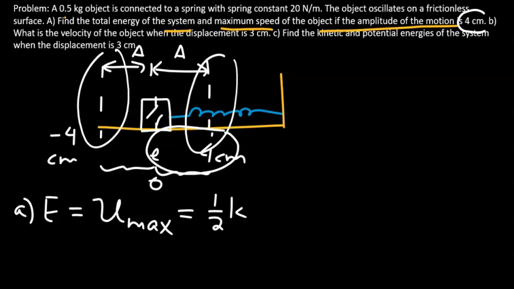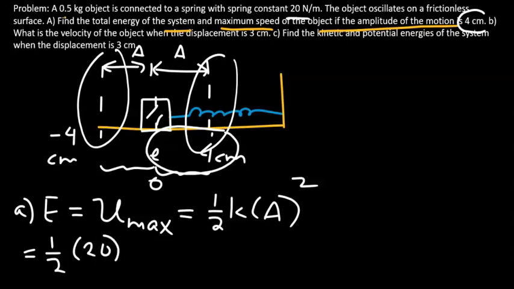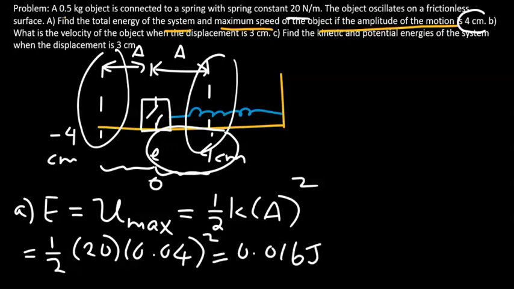The displacement in this case is just the amplitude, and square that. So k is given to be 20, and we know the amplitude is 4 cm, so 0.04 meter. Don't forget to square it. And your answer is 0.016 joules. And this is the total energy of the system. It does not change, doesn't matter where the object is.